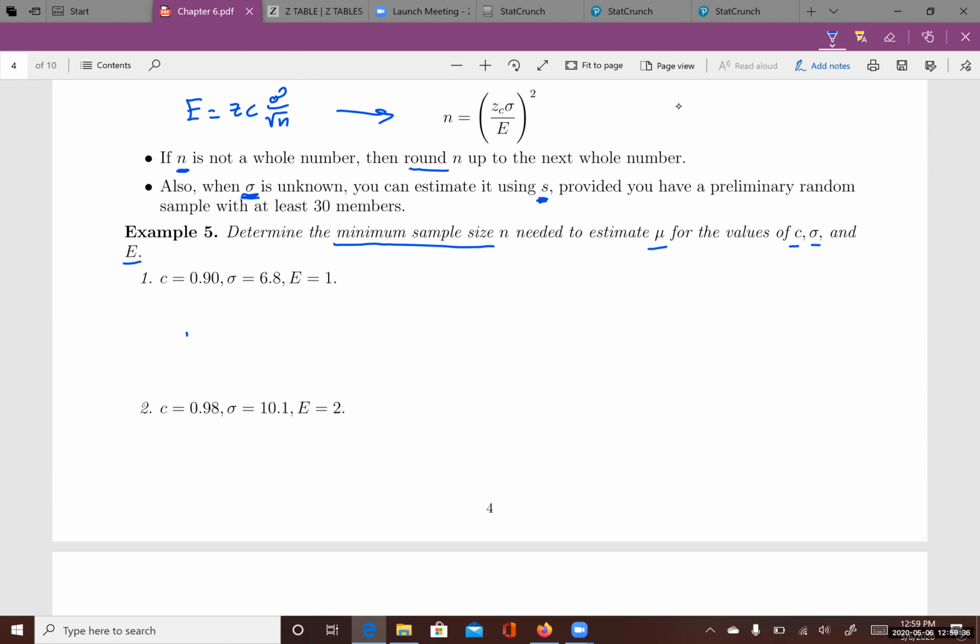So we know N, using this formula here, ZC times sigma divided by E, all squared. When C is 90, Z is 1.645, times sigma, which is 6.8, divided by E, which is 1, all squared.